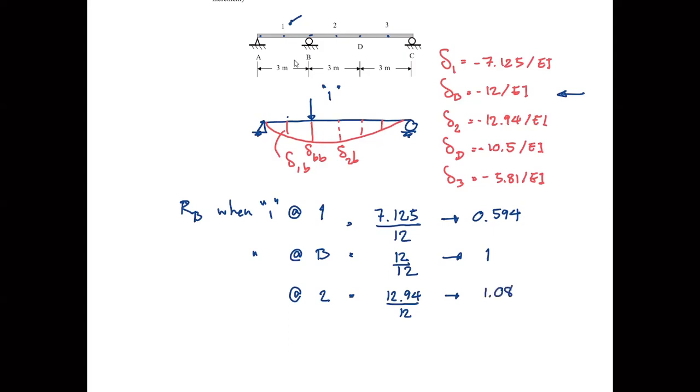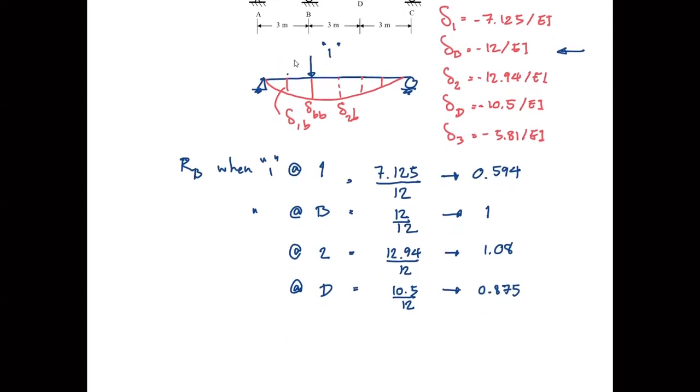We have 3 significant figures already. When it's at D, we have 10.5 over 12, that is 0.875.